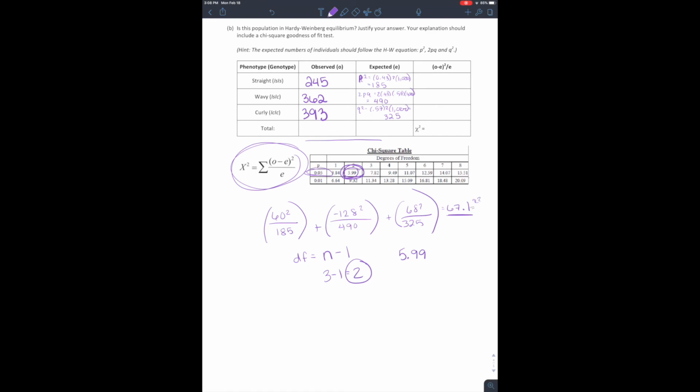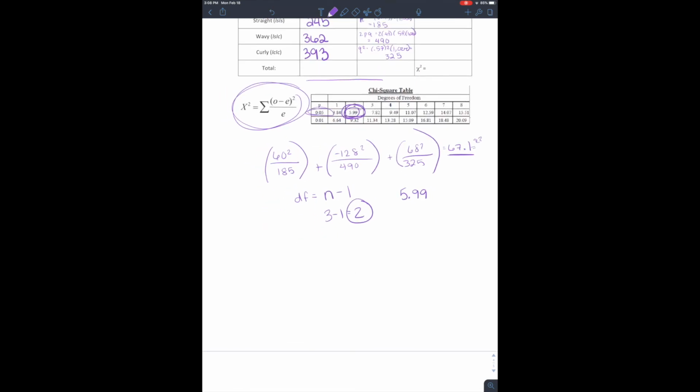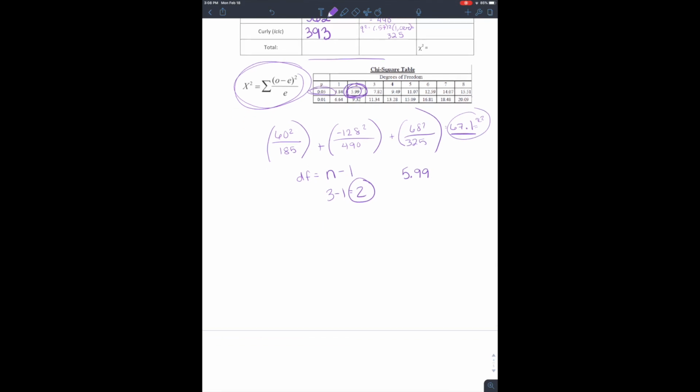So it looks like something really crazy is happening. My hypothesis was that Hardy-Weinberg equilibrium was occurring. However, my chi-square value was 67.1, which is far, far bigger than 5.99, which was my critical value. So we're going to reject the hypothesis that Hardy-Weinberg equilibrium is occurring.